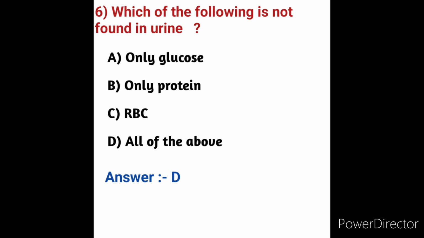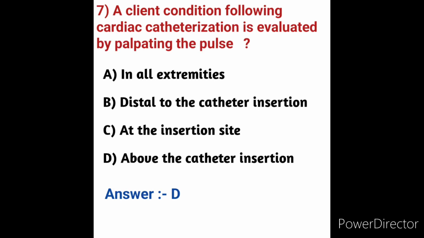Next, move on to question number 7. A client's condition following cardiac catheterization is evaluated by palpating the pulse. Here, post cardiac catheterization, the nurse evaluates by palpation of the pulse, where we have to assess. We will see the options here.